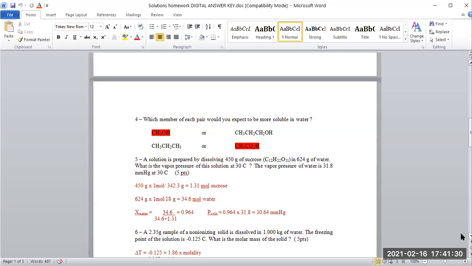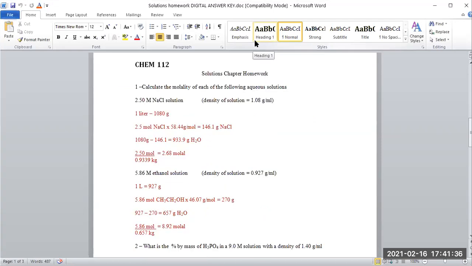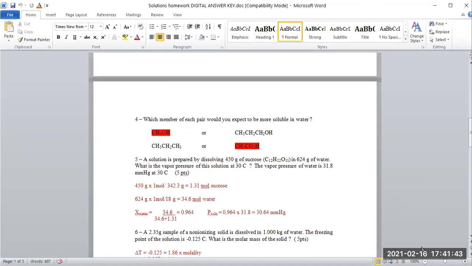Sucrose, and we've seen sucrose several times before. It's a really common soluble substance when we're talking about aqueous solutions. So your 450 grams of sucrose is being divided by 342. That gives you 1.31.